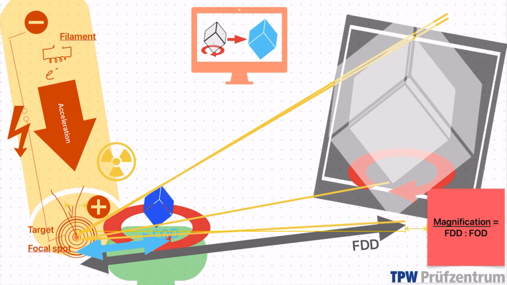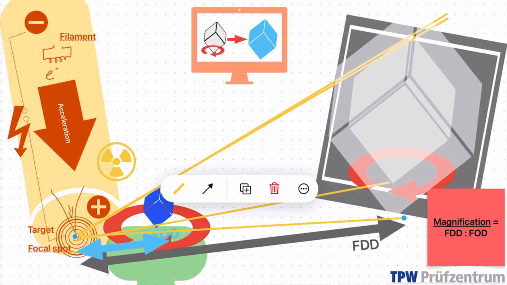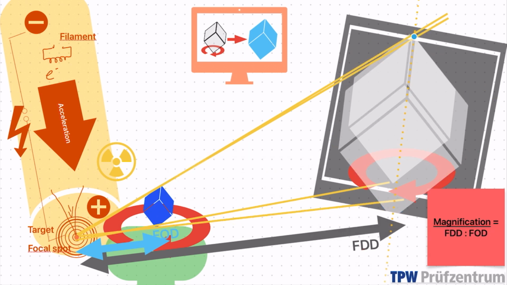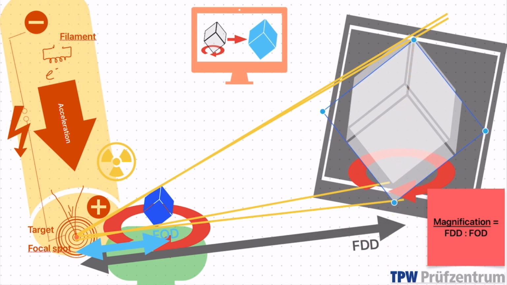And again, having a smaller focal spot will help to have sharper images, especially at high magnifications.